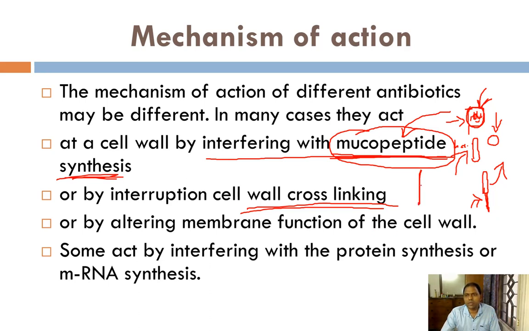These chemicals are cross-linked like this, and the cell wall is formed. And these antibiotics can act on this cross-linking, and they can interrupt or break that cell wall and kill the bacteria.